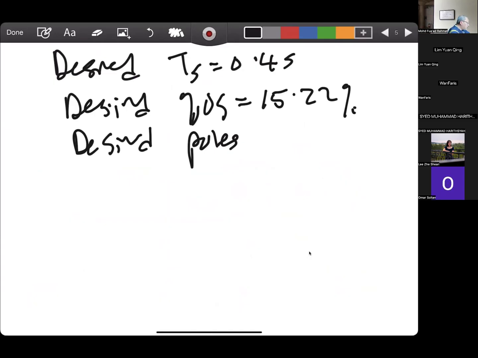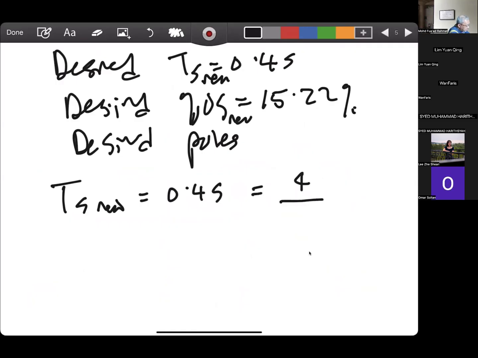So you just use here Ts new, okay? Ts new is equal to 0.4 second, is equal to 4 divided by real new. Am I right? This one is the new one.